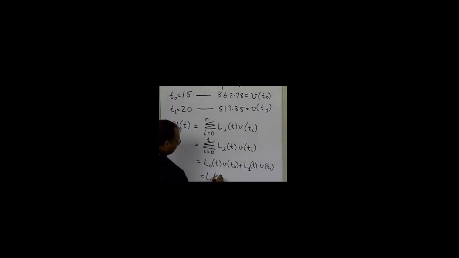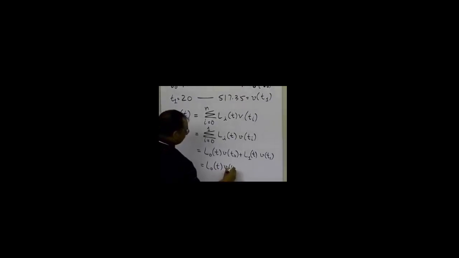So we have everything which we need, and all we have to do is to calculate what these individual numbers are for L naught of t and L1 of t. So what I'm going to do is write down here L naught of t times the value of the velocity at 15 plus L1 of t times the value of the velocity at 20, because those are the values of t naught and t sub 1.